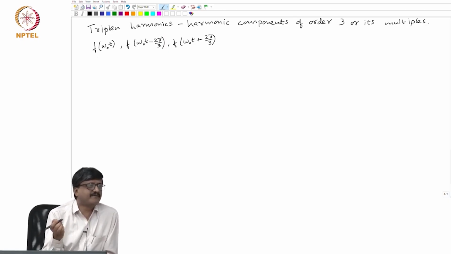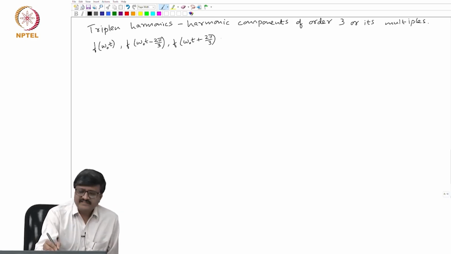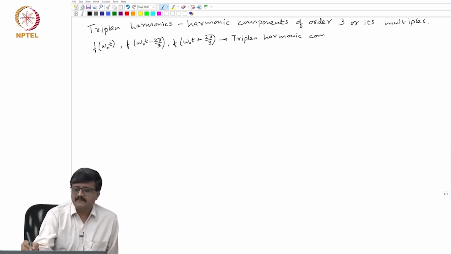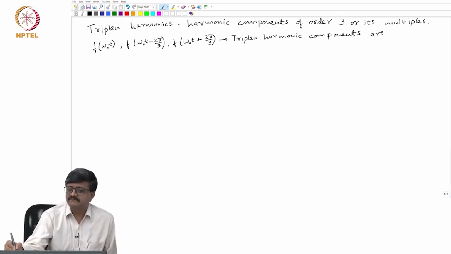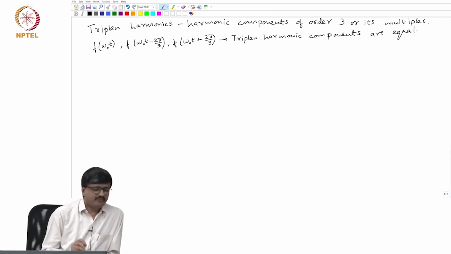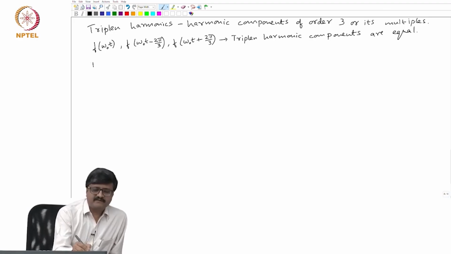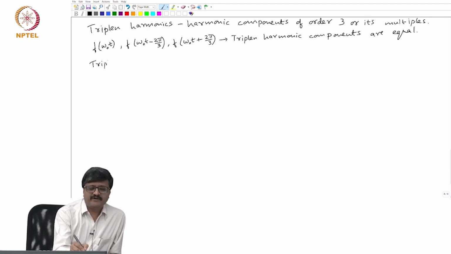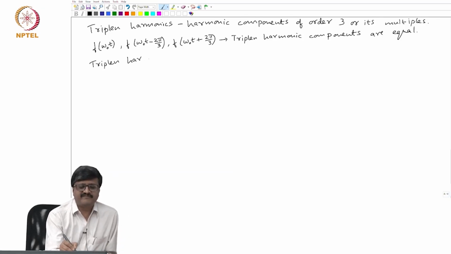Any triplen harmonic component, third, sixth, ninth, and so on, for these three waveforms, are equal. So, what I will do is take the triplen harmonic component of the first waveform f of omega o t.